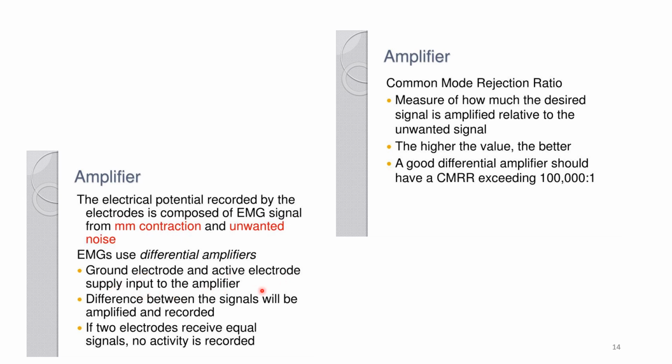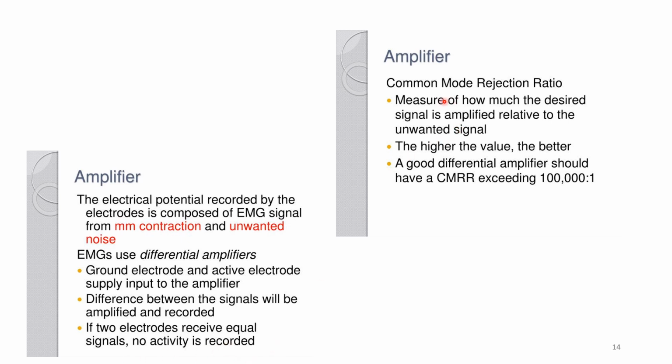Ground electrode and active electrode supply input to the amplifier. The difference between the signals will be amplified and recorded. So this differential amplifier takes the difference between the signals coming from the ground electrode and from the active electrode. If two electrodes receive equal signals, no activity is recorded.